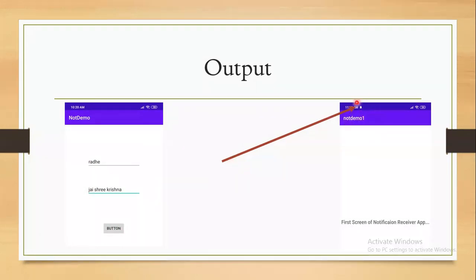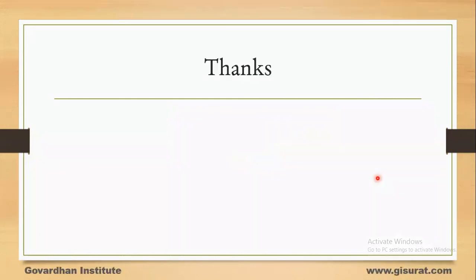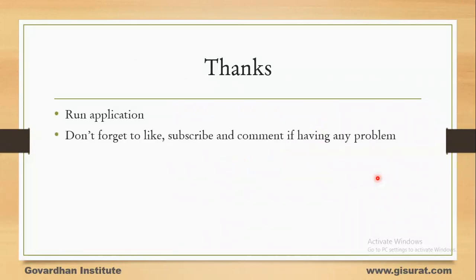Here we have a notification. You can just check this one. So that's my receiver application, having a main activity, the first screen of the notification receiver application. Now guys, whenever you click on this notification, you will get a second activity as an output. So that's that. So guys, run the application and check the output.